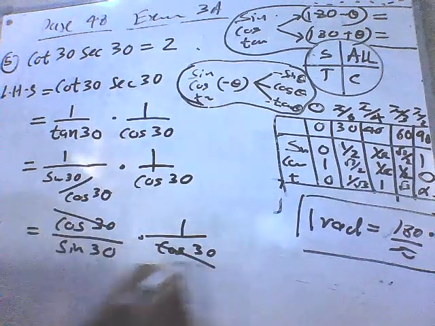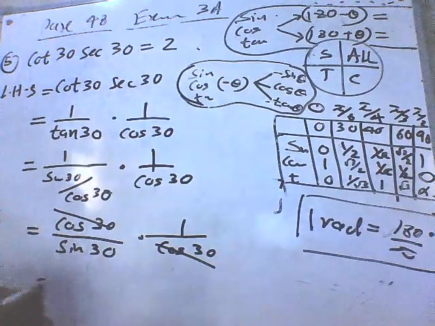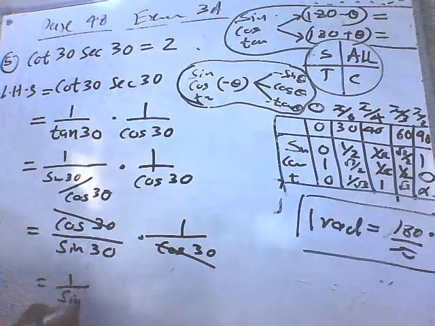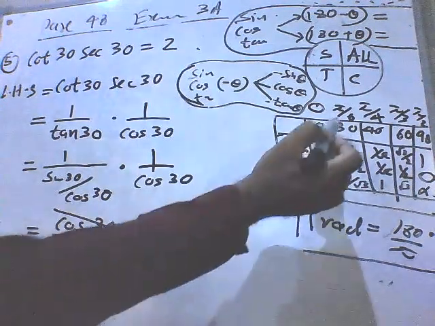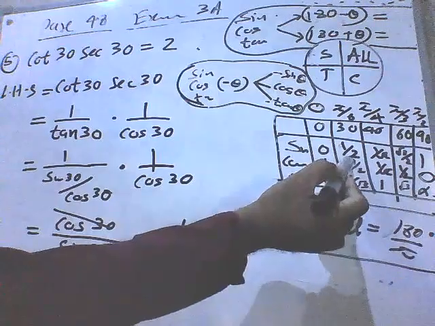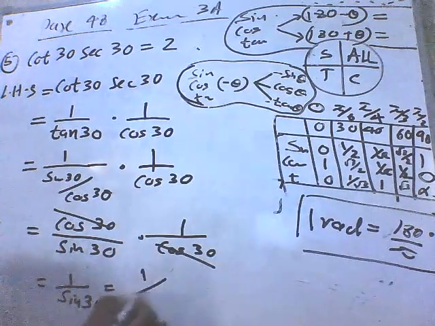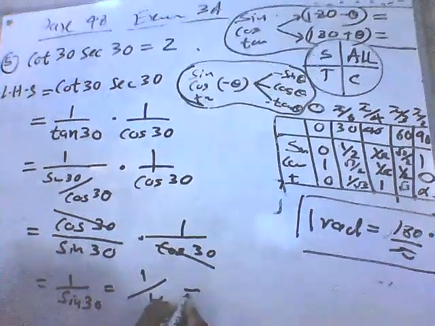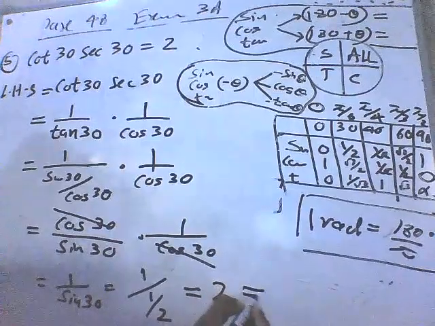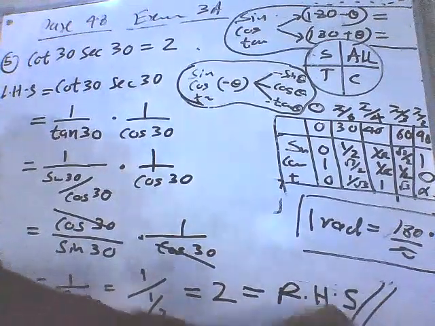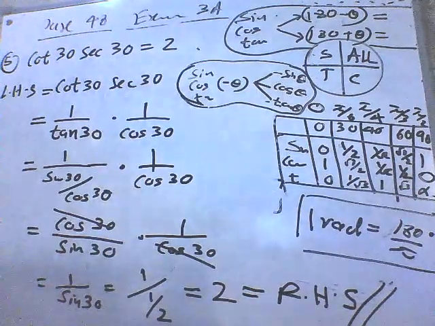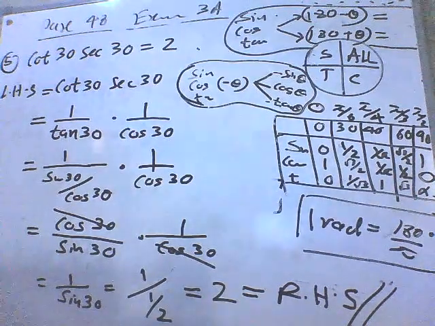Then this gets cancelled out. 1 over sin 30, actually sin 30 is half, from this table. So that is equal to 1 over half, that is equal to 2, and it is equal to the RHS, right? Sixth question.